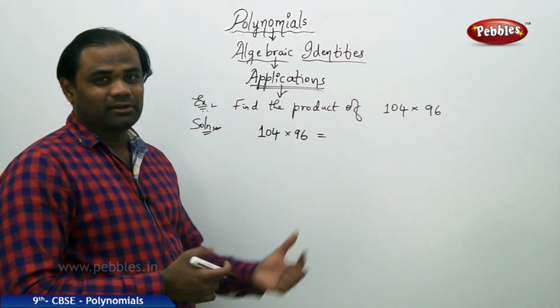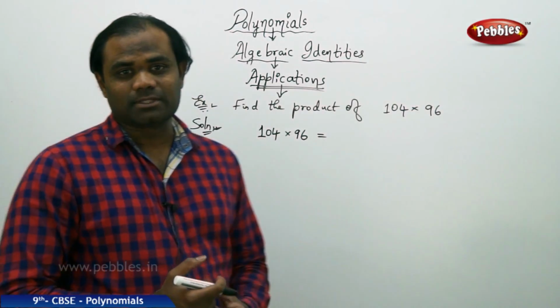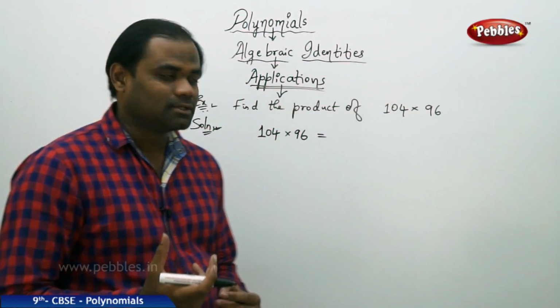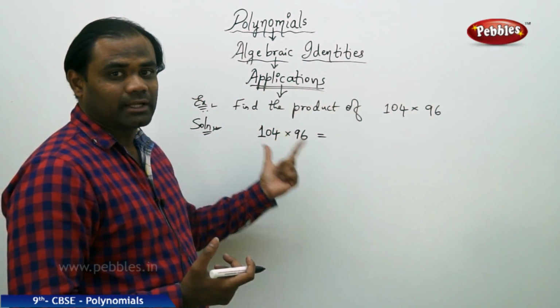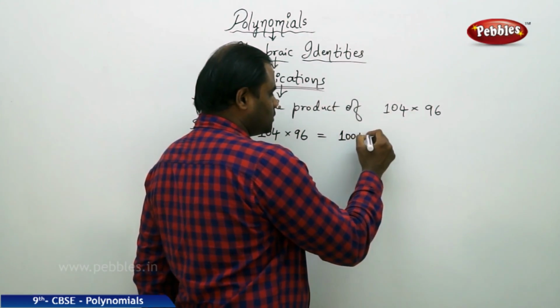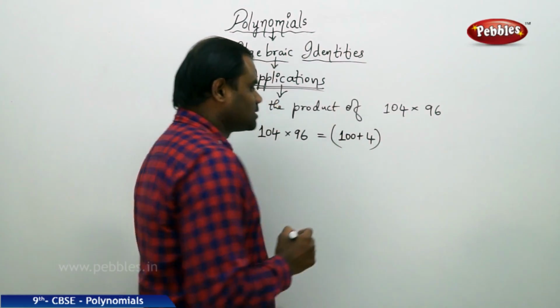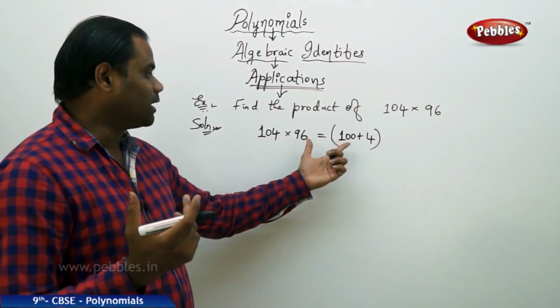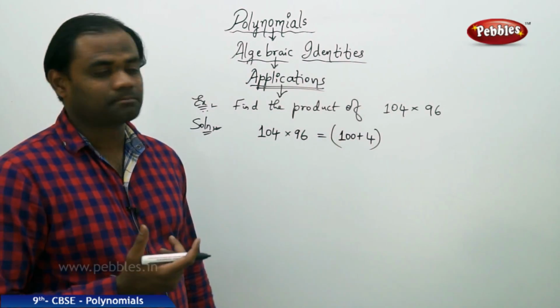Generally in these kinds of problems, we try to express through the standard numbers. 104 I can express in standard form as 100 + 4, so that this 100 is easy to multiply or even to divide or add with other numbers.